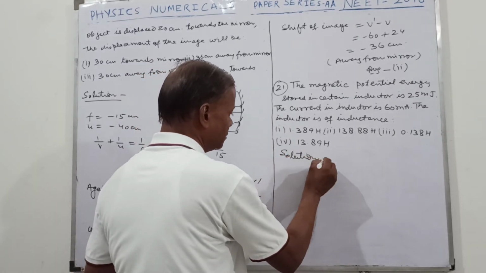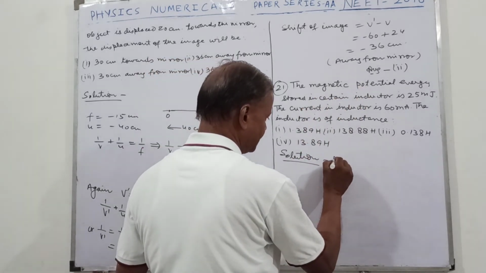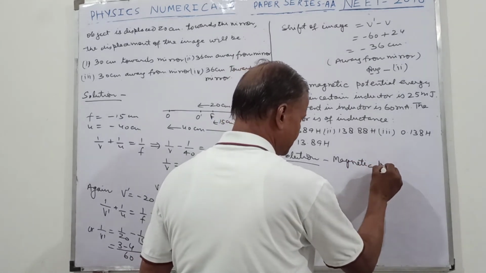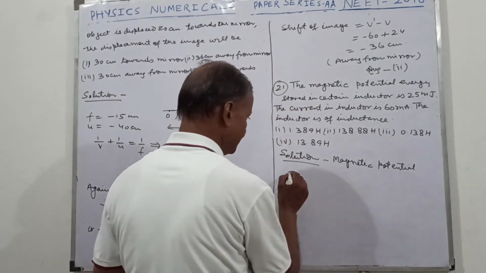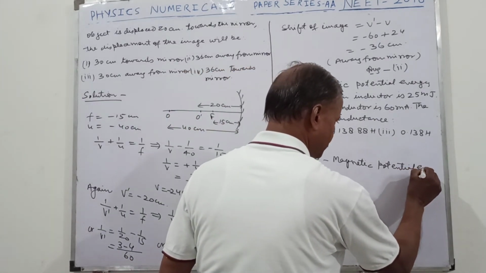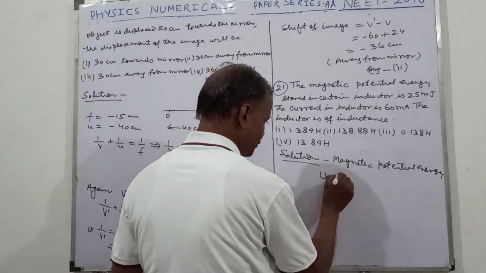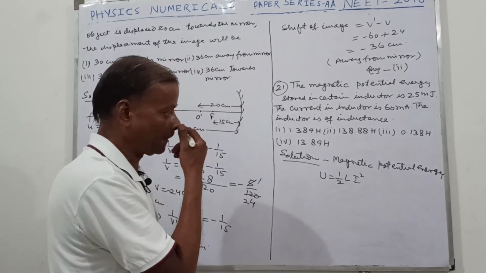You are given the magnetic potential energy. This U equal to half L I square. This is the formula.